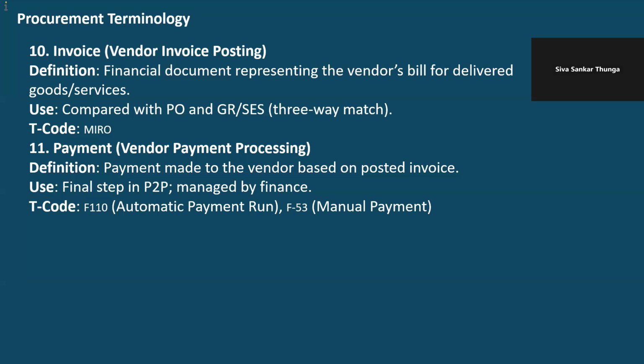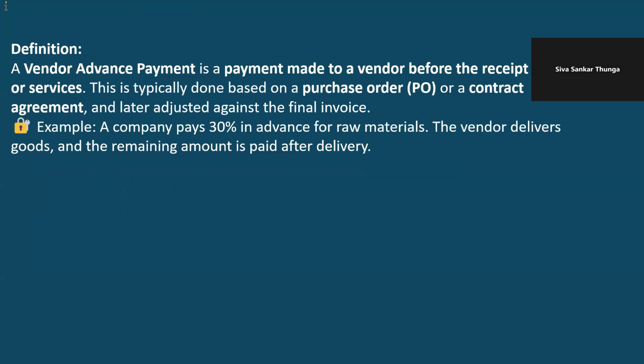Then along with the SES or the material, the invoice will be submitted by the vendor. So they will compare the invoice quantities and values with the PO quantities and values. If those match, then they will pay the payment. That is the complete cycle. If anyone has any queries, let me know.